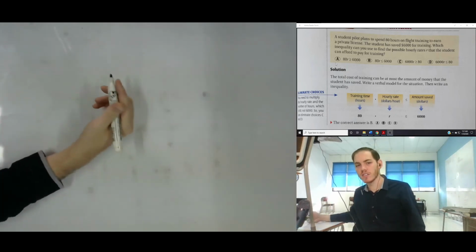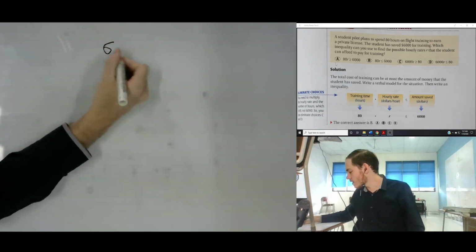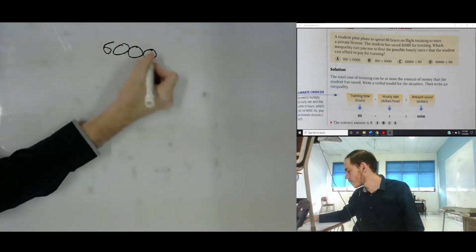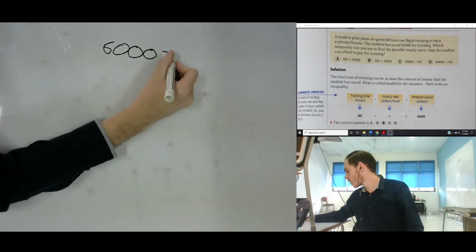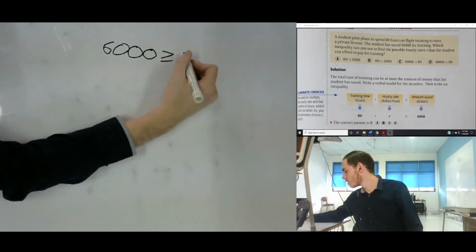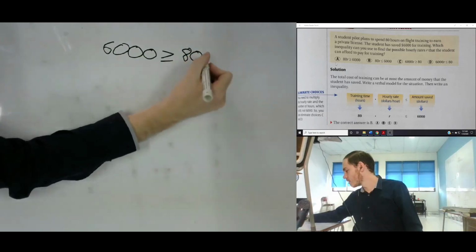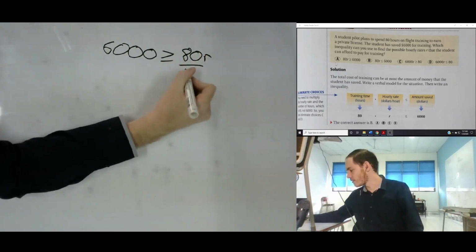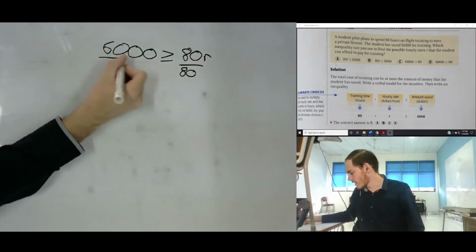Which inequality can you use to find the possible hourly rates the student can afford? So you start with 6,000 because that's the maximum the person has, right? So this is going to be greater than or equal to 80 times r. We divide both sides by 80.